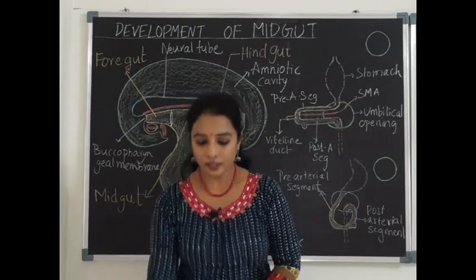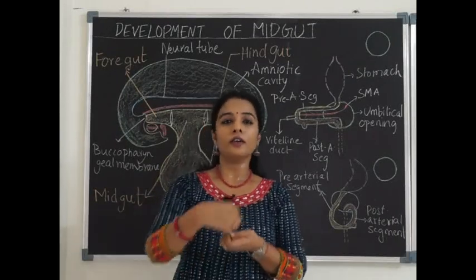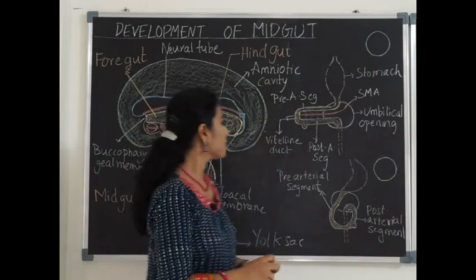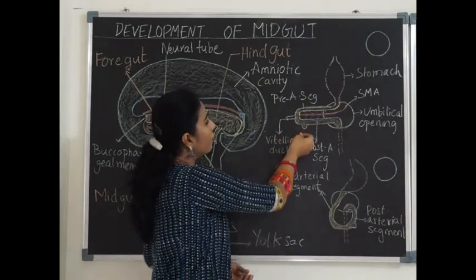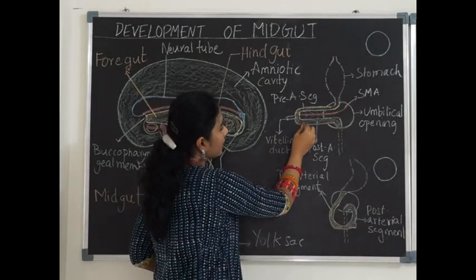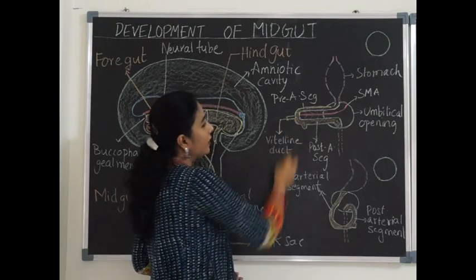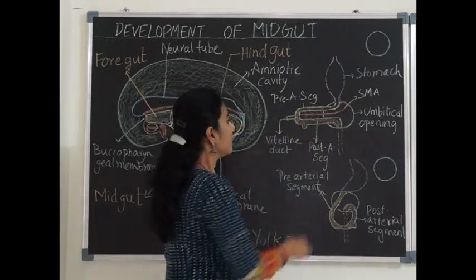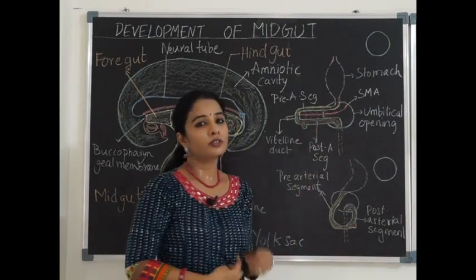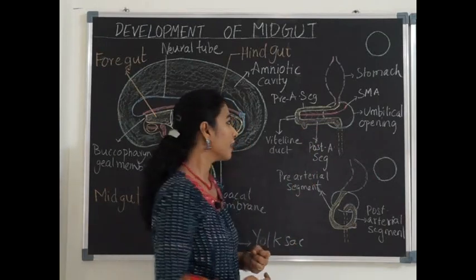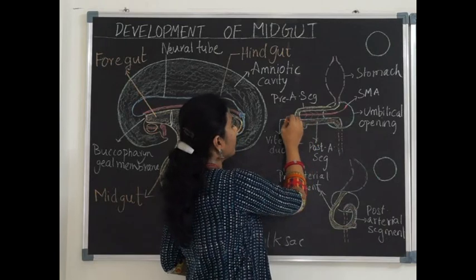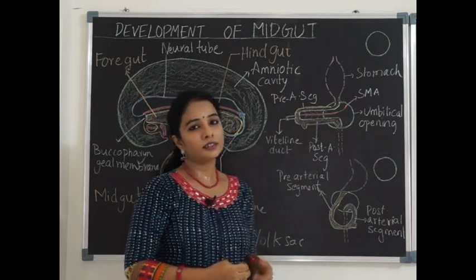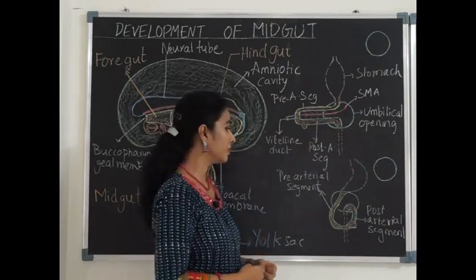It grows enormously, forming the coils of intestine. When the cecal bud appears, usually during the 6th week of intrauterine life, the vitellointestinal duct regresses and disappears under normal conditions.